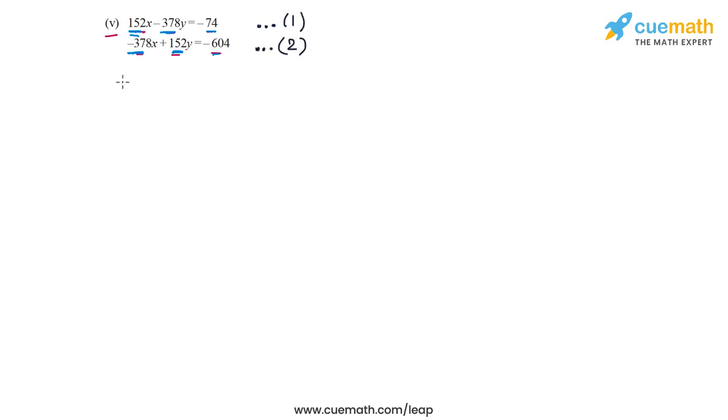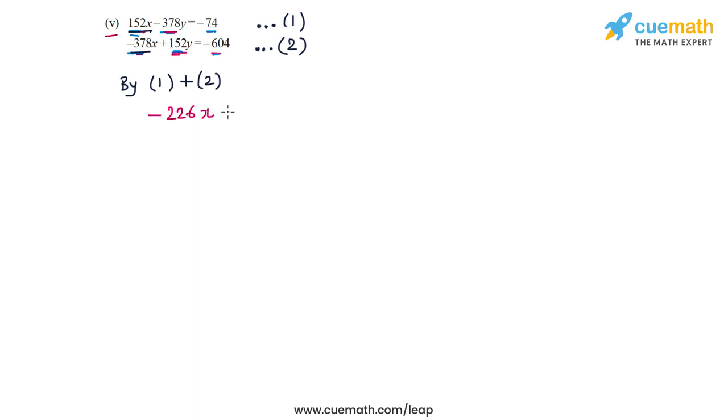So first I'm going to add the two equations, and you will see what happens when we do this. If I add the two equations, I get 152x minus 378x. This will give me minus 226x. And then I have minus 378y plus 152y.